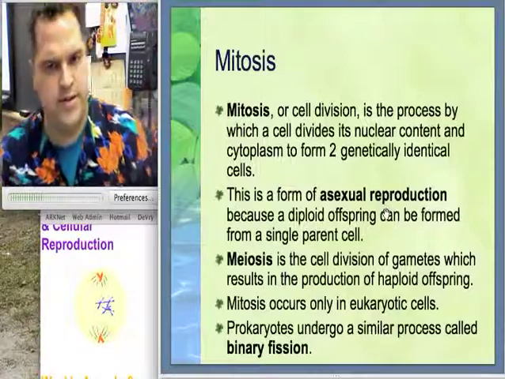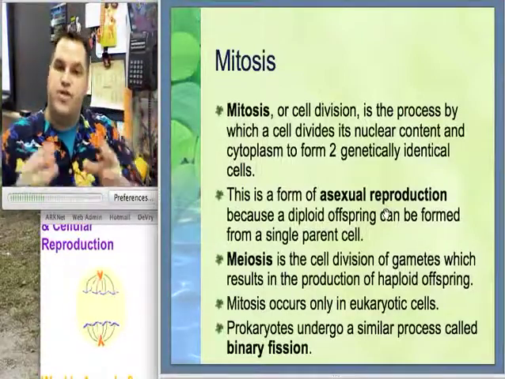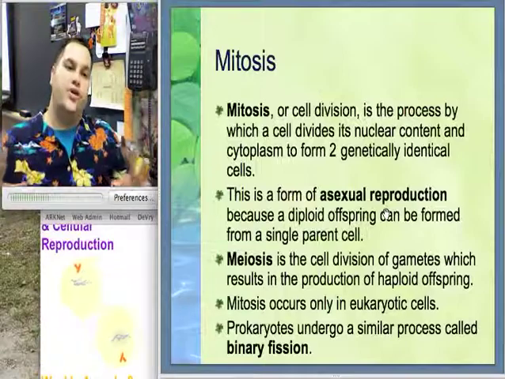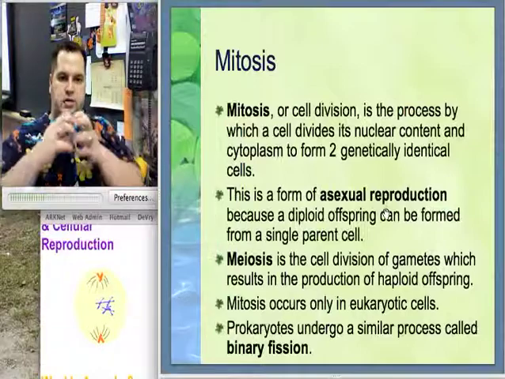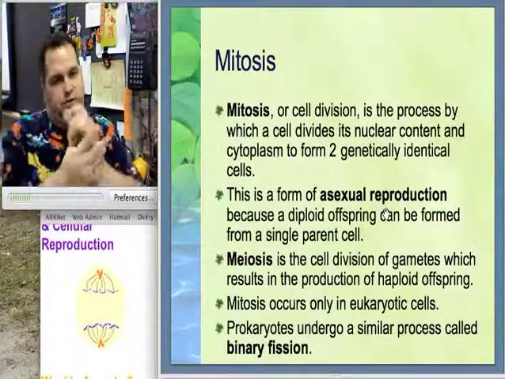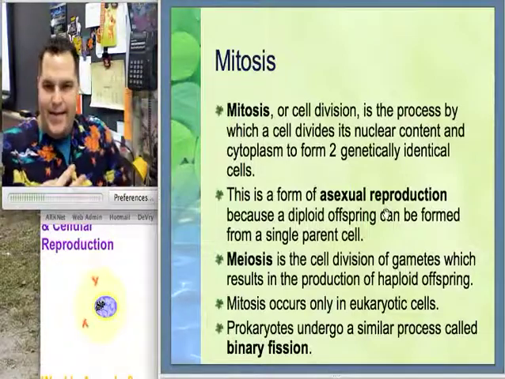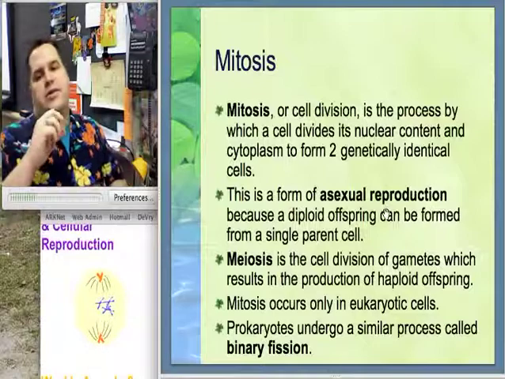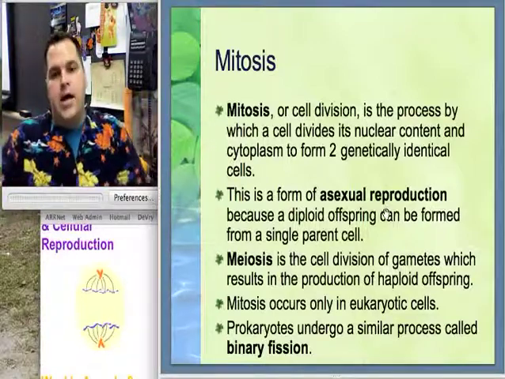Now, mitosis is simply cellular division, but more specifically, it's the process by which a cell divides all of its nuclear content, which would be its DNA, and its cytoplasm and organelles into 2 identical cells. This is a form of asexual reproduction. If we put the letter A before something, it usually means not or without. So something that's atypical is not typical. Something that is asexual is not sexual, or without sexual reproduction.